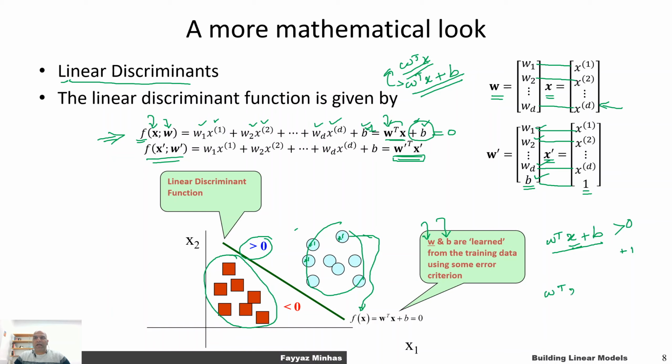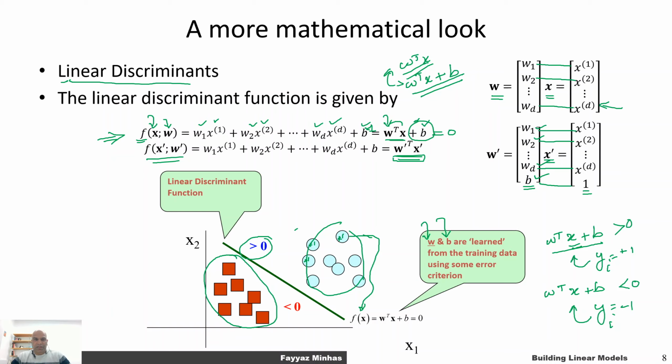And for all negative class examples, w transpose x plus b should be less than 0, or all these points should produce a score, as I call it, the discriminant function score, less than 0. So if we know that yi is equal to -1, we want to satisfy this constraint. And if we have yi equal to +1, then we want to satisfy this constraint. I hope that is all clear.